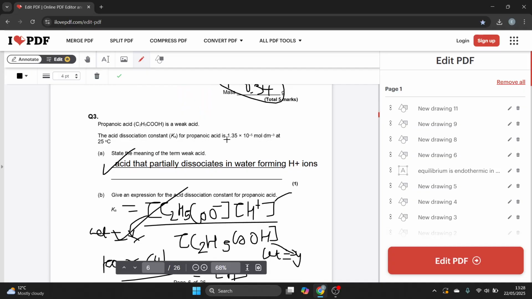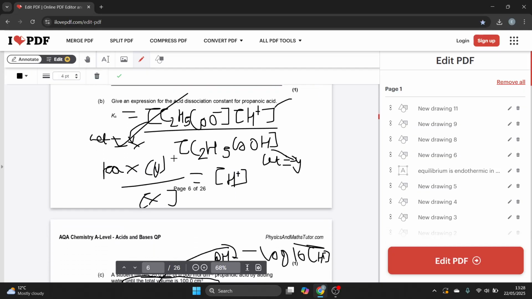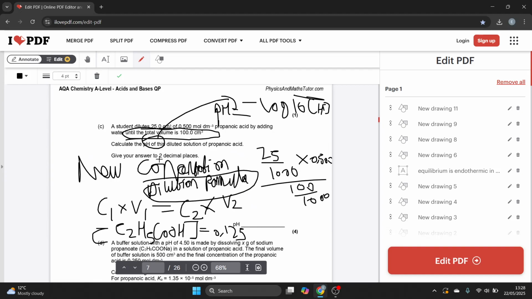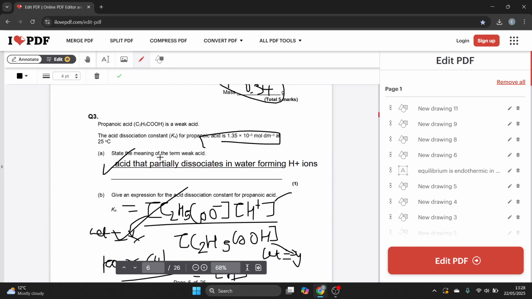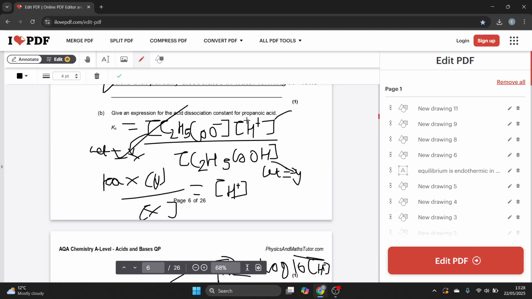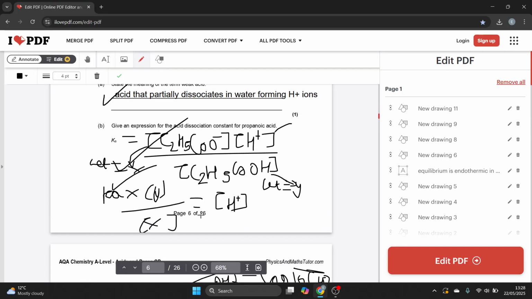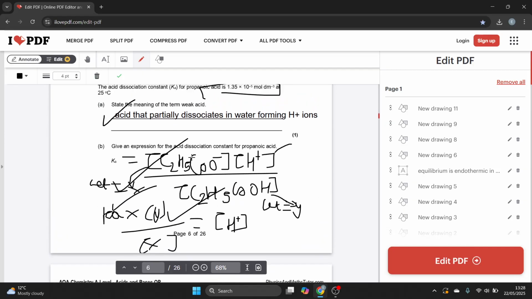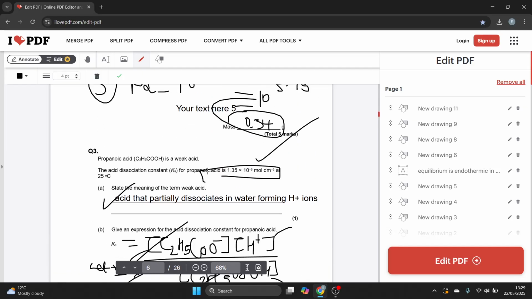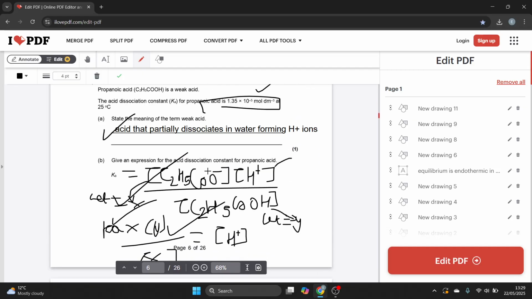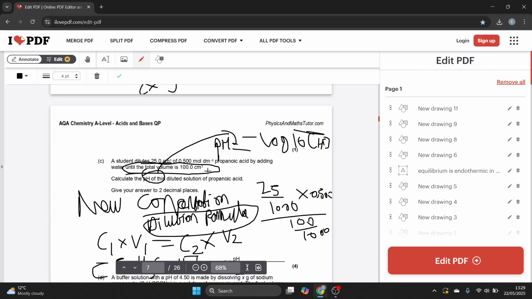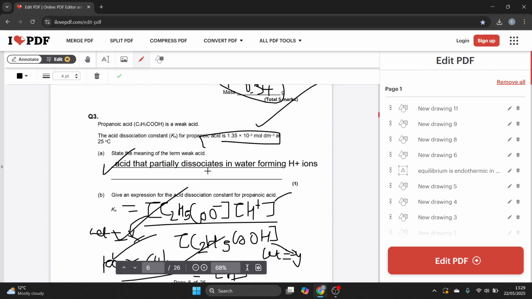Yes, it tells me the Ka is this at 25 degrees Celsius. So you don't need to worry about that. I've got that out of the way. Do I know the concentration of C2H5COOH, which is Y? I do know that. I just worked that out. Do I know the concentration of C2H5COO minus? I don't know that.